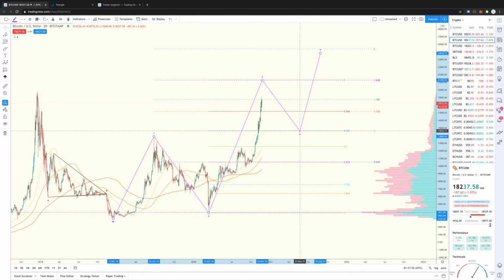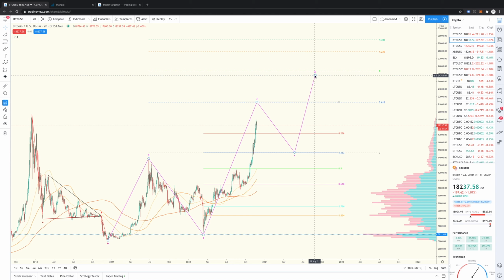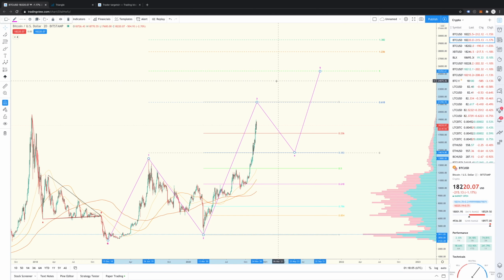So let's set it at 0.382. And now we are looking for the end of wave 5. And the end of wave 5 would be a 1-to-1 wave 5 extension. So based on this projection, we're looking at a wave 3 that ends around $21,000 USD, a wave 4 pullback that ends at around $14,700, and then a wave 5 termination point at around $25,000.